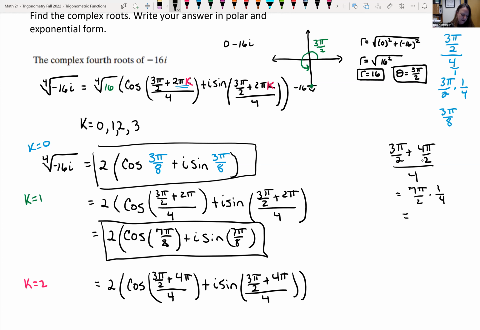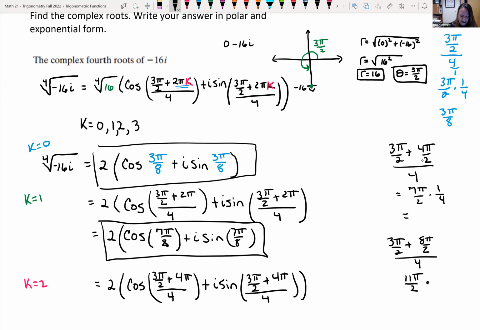So doing some work on the side, we have this 3 pi halves plus 4 pi, but I need a common denominator. So 4 pi is the same thing as 8 pi over 2 divided by 4. So my numerator, 3 pi halves plus 8 pi halves, this is 11 pi halves.